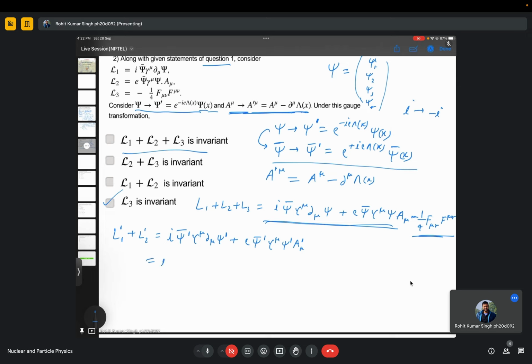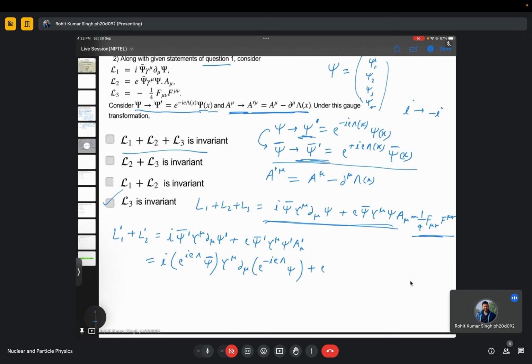So let's do that. So psi bar prime is given here, exponential i e lambda psi bar, gamma mu and del mu of psi prime. That means we have to differentiate whatever we have in the bracket. Okay, we will do that in the next step.